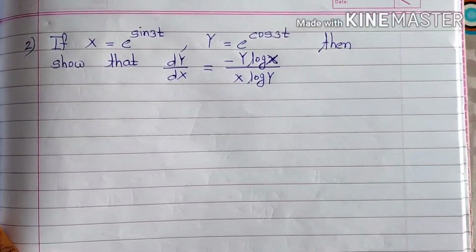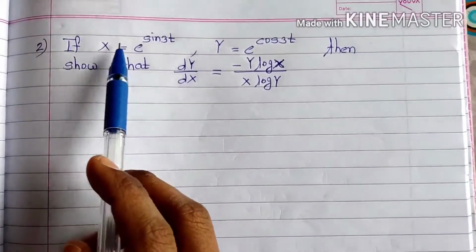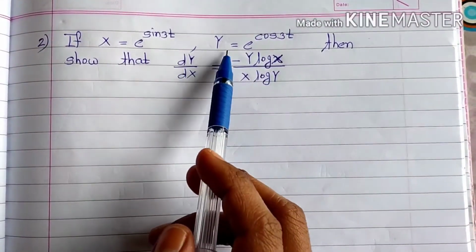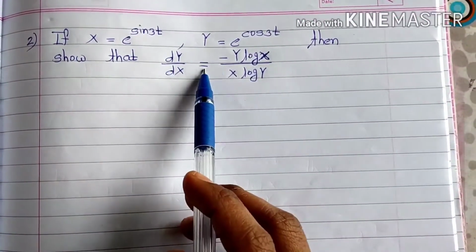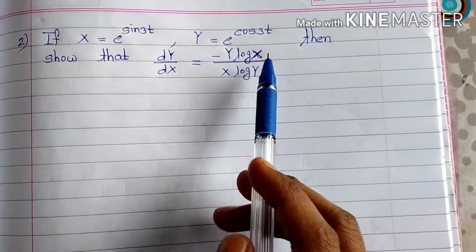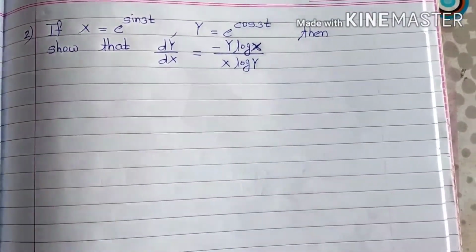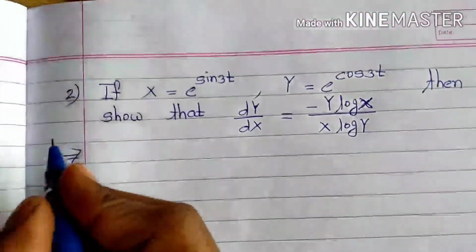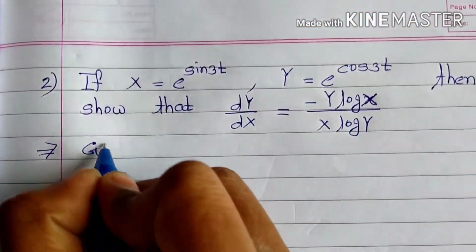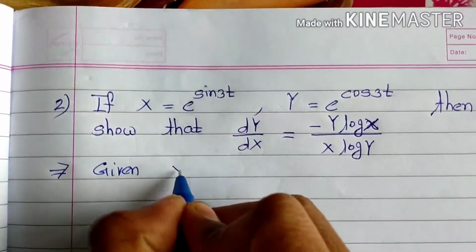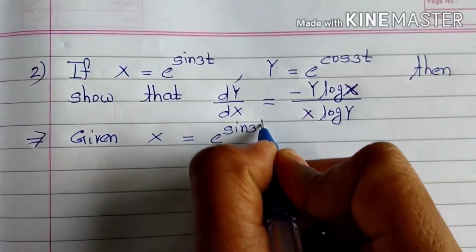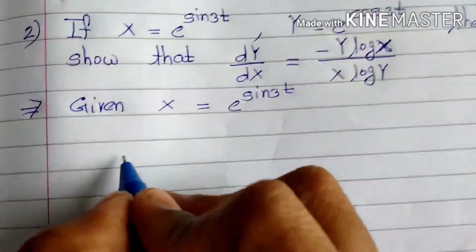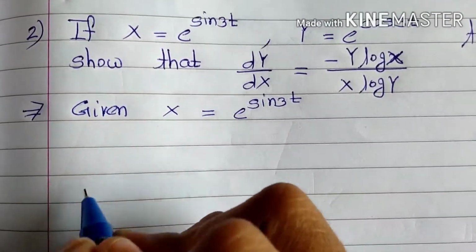Now the next example is: if x is equal to e raised to sin 3t, y is equal to e raised to cos 3t, then show that dy by dx is equal to minus y log x upon x log y. Given x is equal to e raised to sin 3t, take log on both sides.